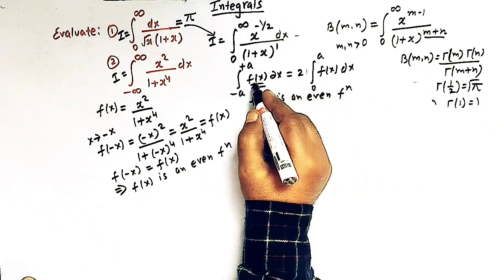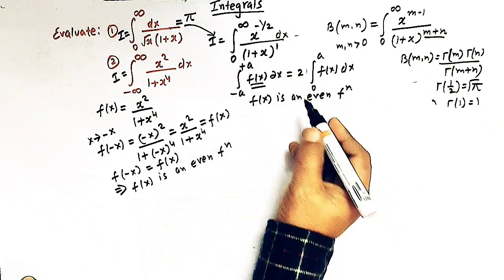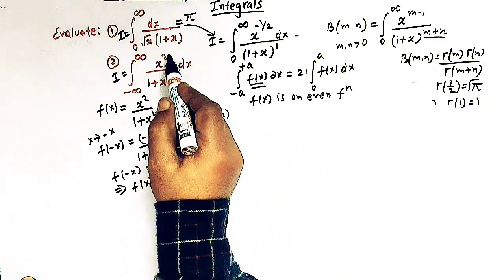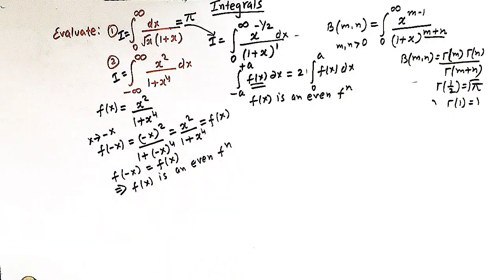And in case of odd function, this integral is equal to 0, right? So here we have just proved that f of x, that is x square over 1 plus x raised to 4, is an even function.